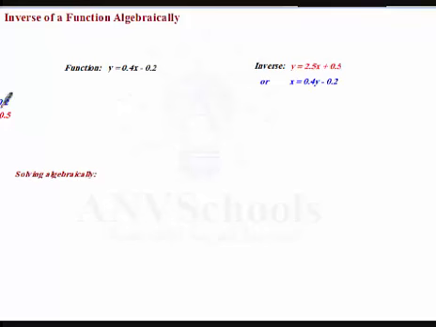We have here our function f of x, which is equal to 0.4x minus 0.2, and our inverse is equal to 2.5x plus 0.5, or that could also be written as f negative 1 of x, and this is f of x, to show that they are inversely related.